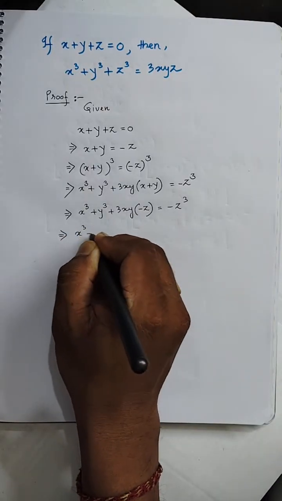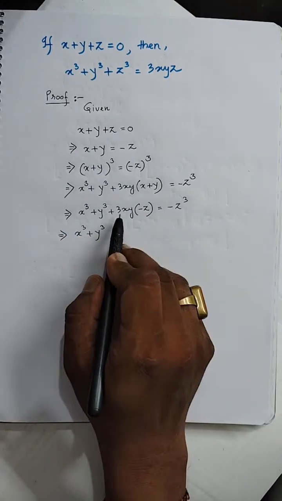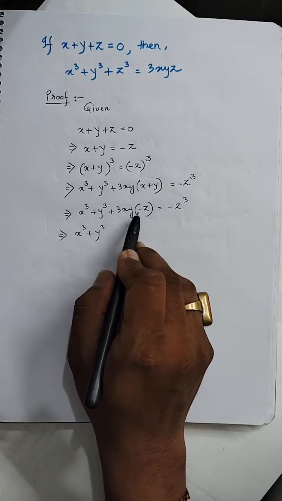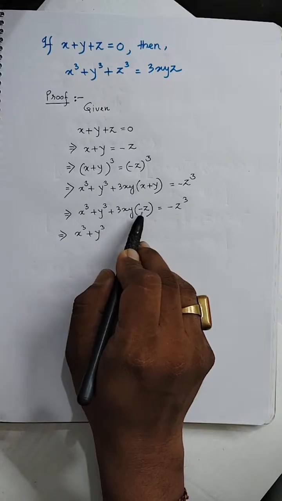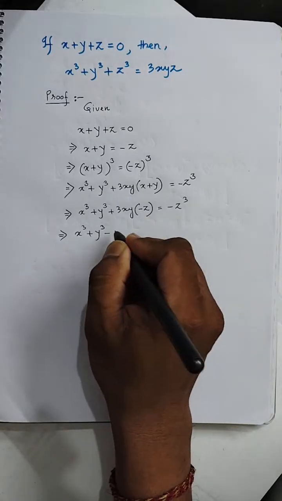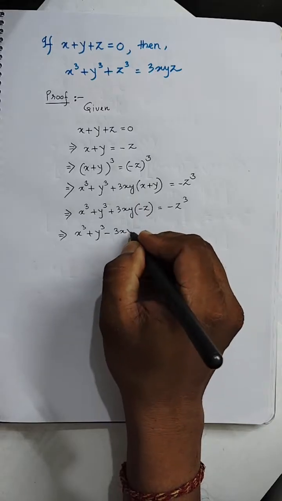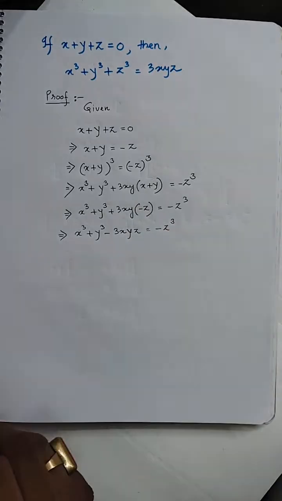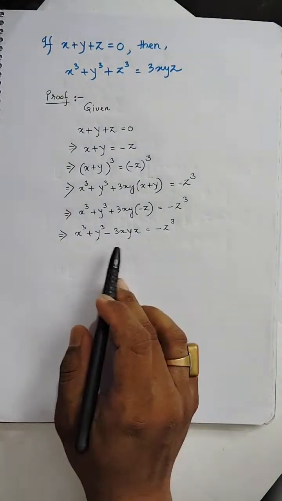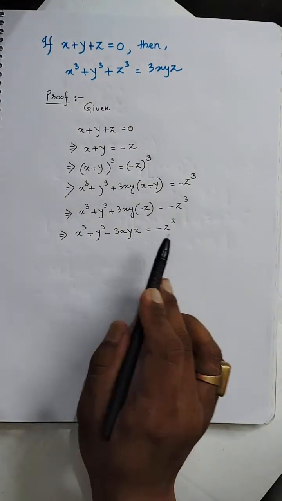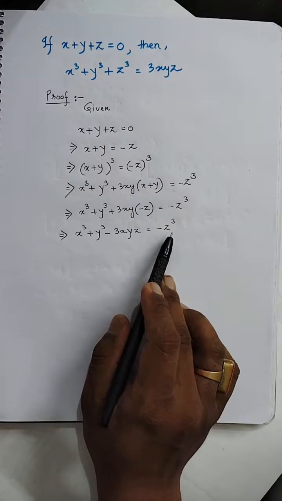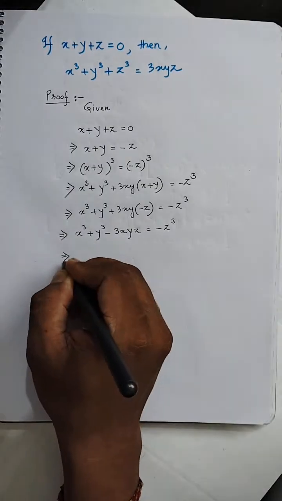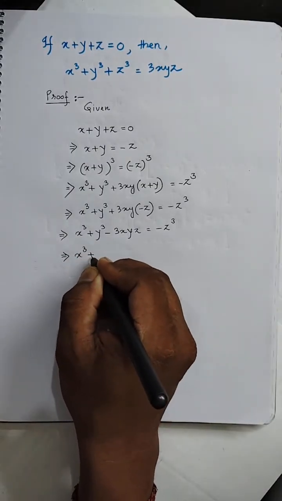So x cube plus y cube. Now if we multiply the variables x, y and z, so this will be 3xyz, but since z is negative, so this will become minus 3xyz, and we will write minus z cube. Now if we transpose minus 3xyz to the RHS right hand side and minus z cube to the LHS, we will get what we are required to prove, x cube plus y cube.